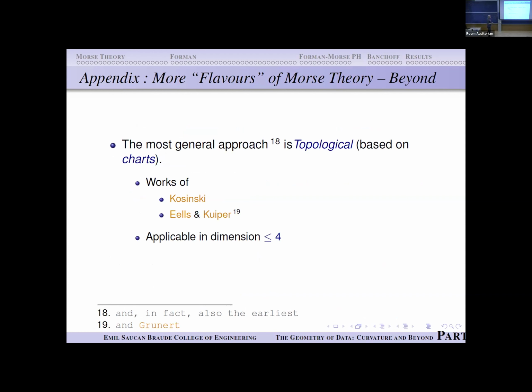One, the most general, and it also seems the earliest. That's what you tried to mention to me, Nicolas, yesterday. So the earliest approach is purely topological. It's based on charts. There are some works of Kosinski and Wilson, Kuiper, and Grunert as well, the same Grunert we saw earlier.